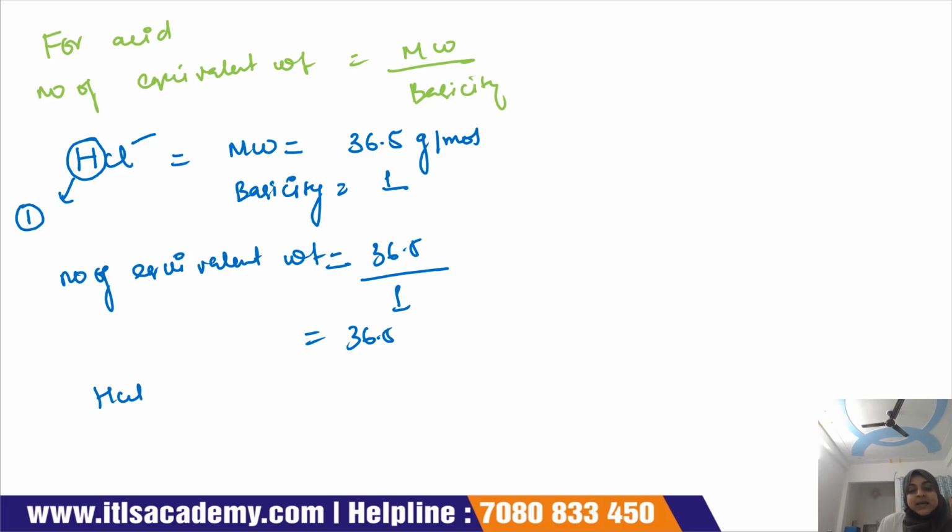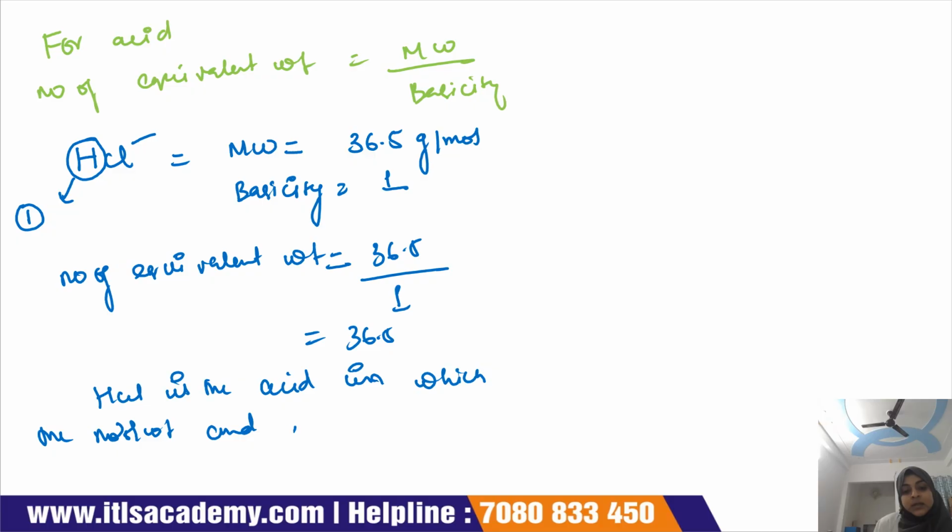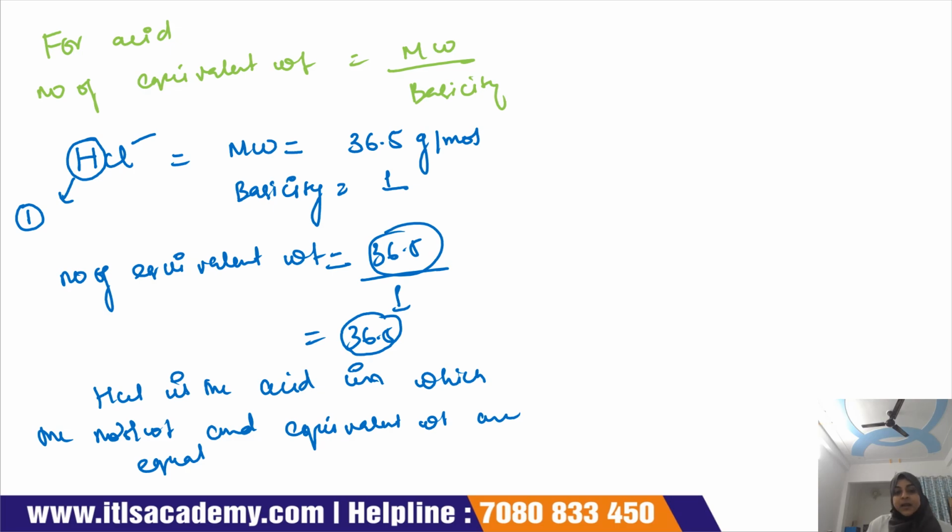HCl is an acid in which the molecular weight and the equivalent weight are equal, that is 36.5.